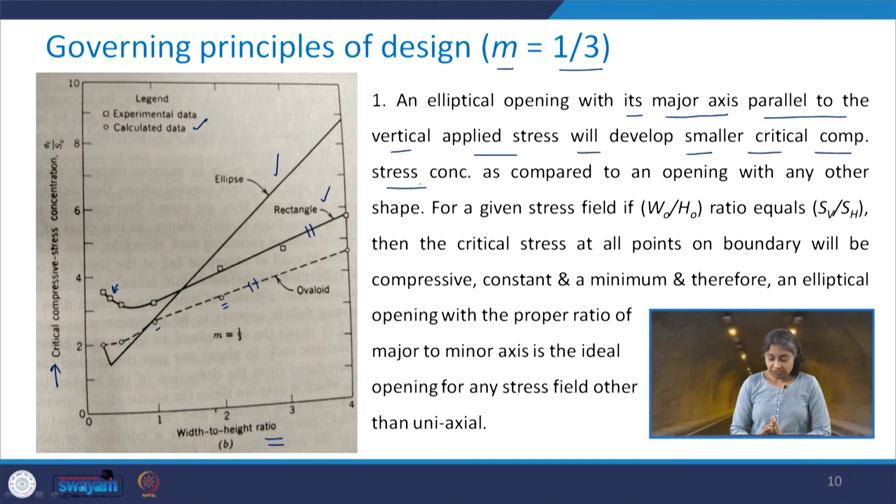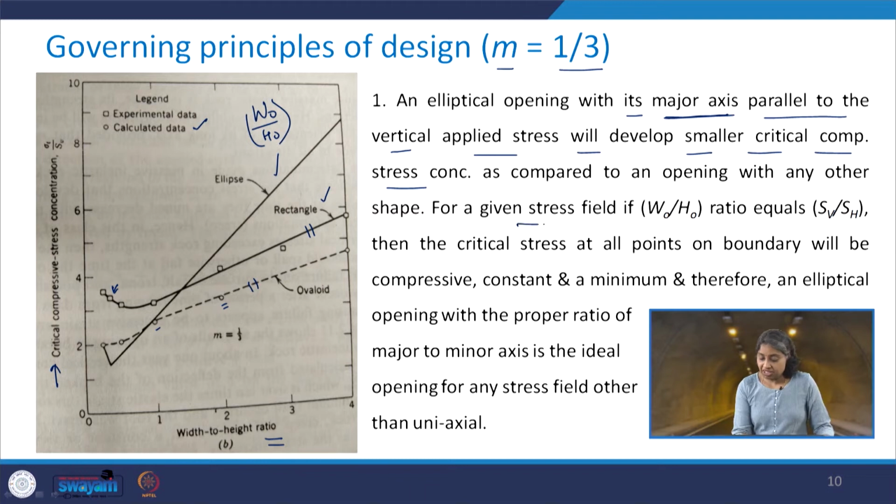Now, when I say an elliptical opening with its major axis parallel to the vertical applied stress, this will give you the idea about the ratio of W naught upon H naught.